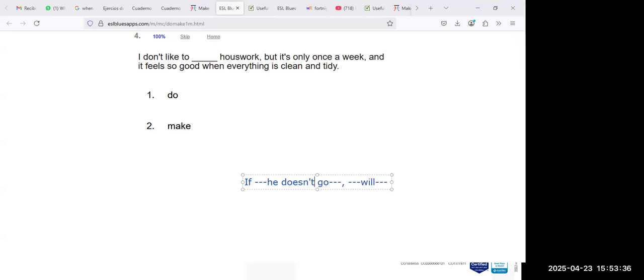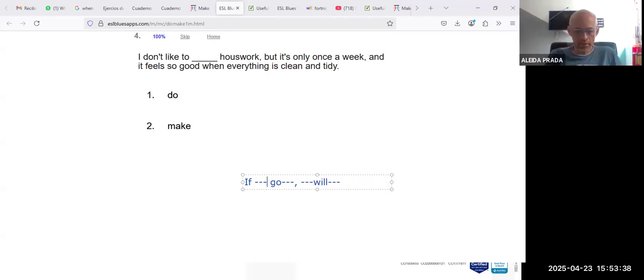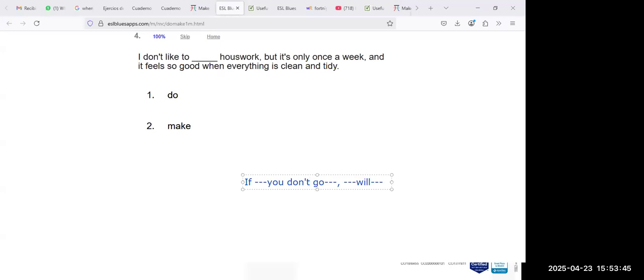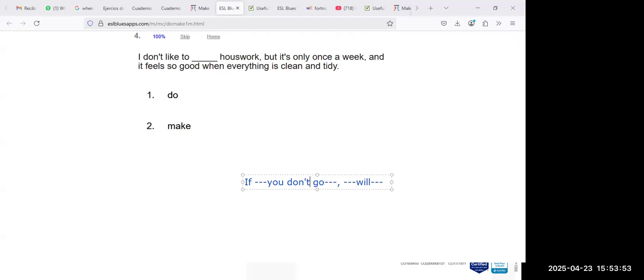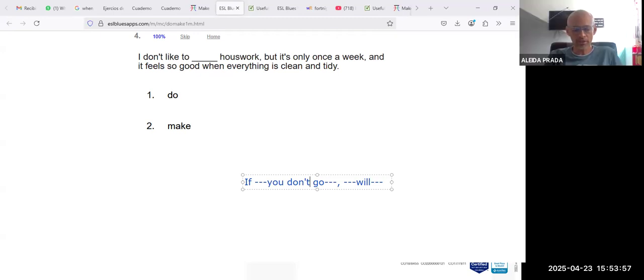But if it's negative with the second person, you have to say don't go. There are some topics in English, for example conditionals, passive voice, reported speech, that are so difficult for me.